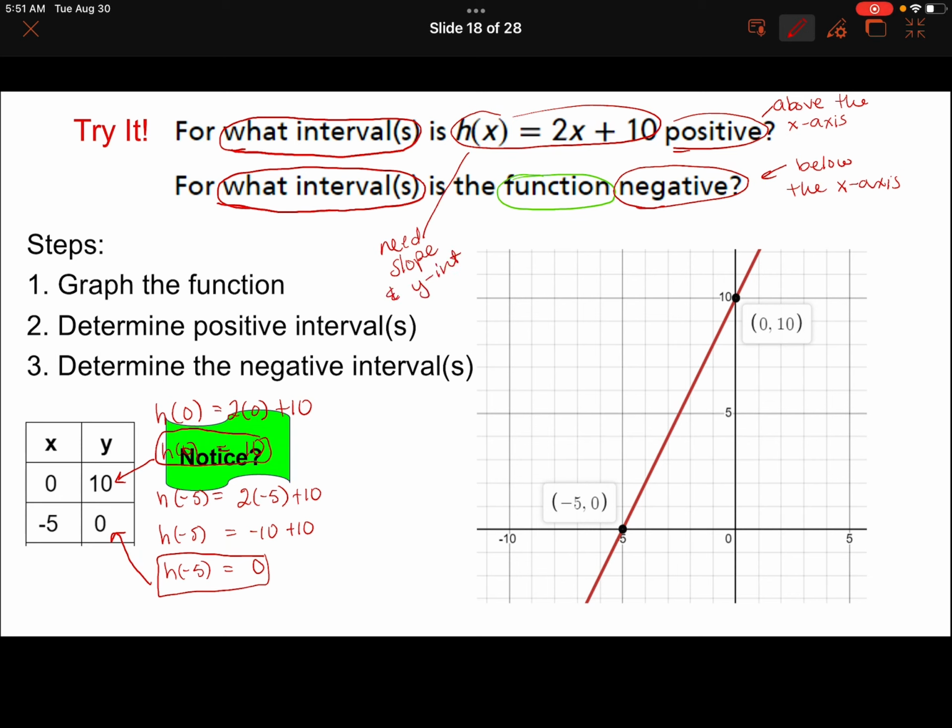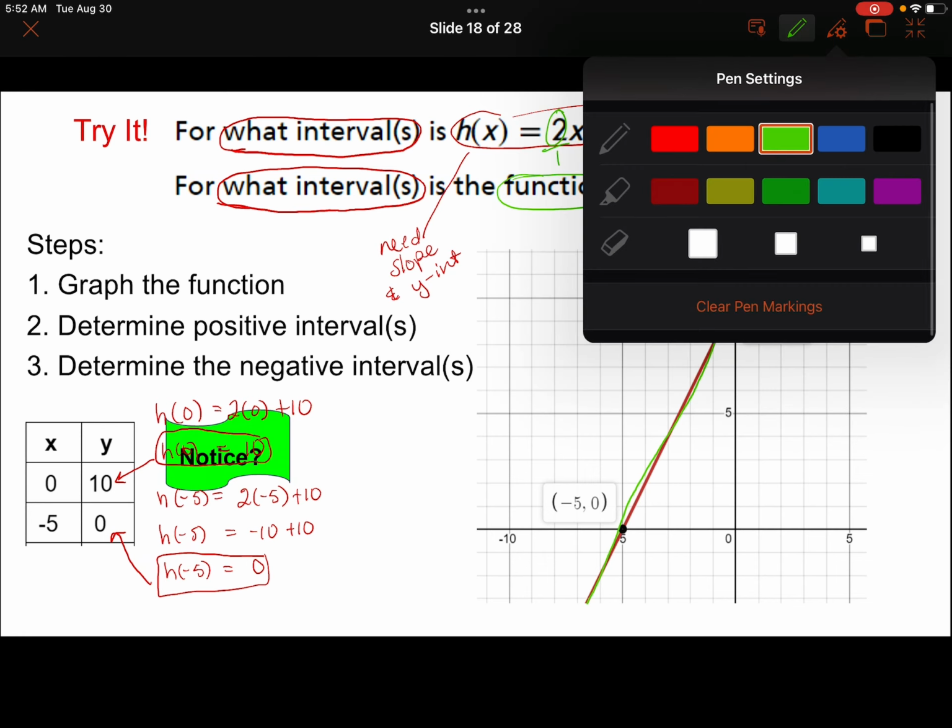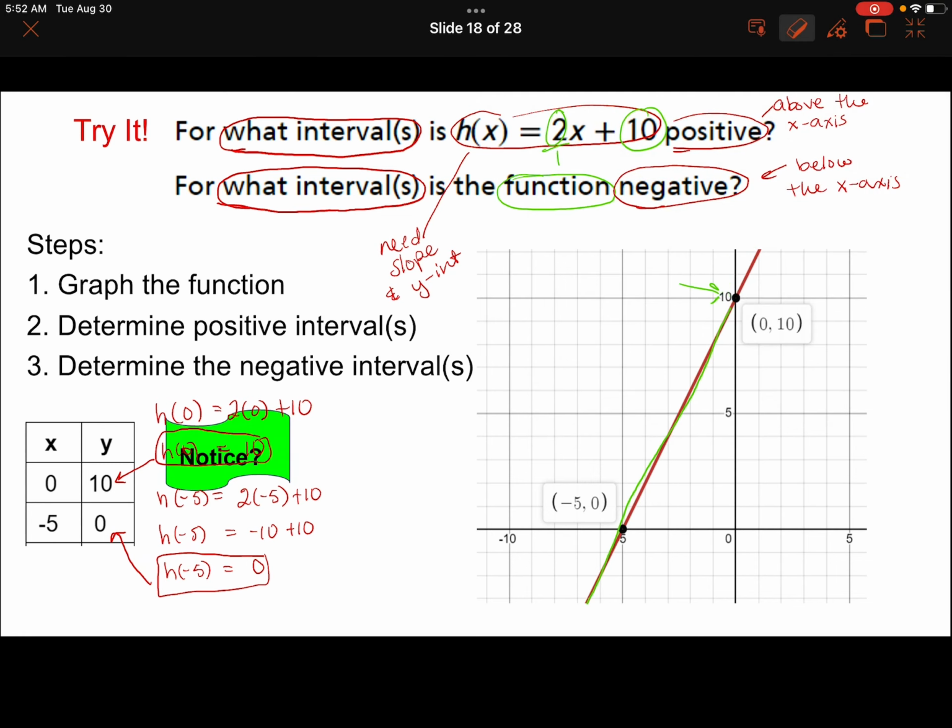So my slope is 2 over 1, and my y-intercept is 10. So y-intercept 10, my slope is 2 over 1, which is going 2 up, 1 to the right, and you make your line. Hopefully you get it correctly. That's how it is. You get this line here.